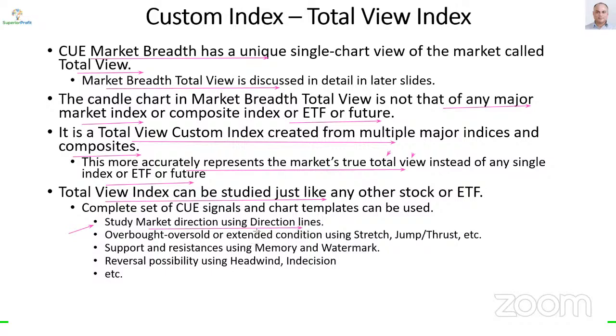That's important, not just one index like NASDAQ 100, or, as CANSLIM traders often focus on, the NASDAQ composite, but that's not required. We can do that. Of course, we have a NASDAQ composite market breadth layout, but this total view is more powerful because in a single chart, it shows the overall view.